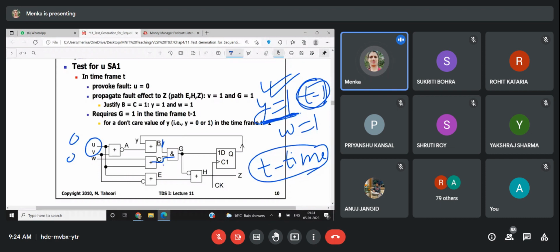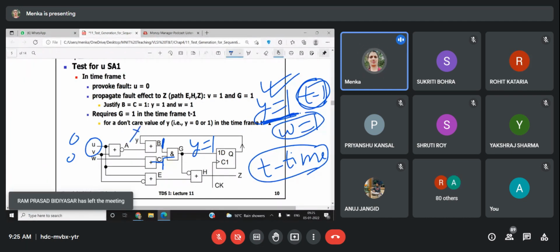So y is equal to 1 is expected. First of all, we need y is equal to 1. So y is equal to 1 means what you have to do here, y is expected to be 1. For 1 to come here, this is also expected to be 1 and this is also expected to be 1. It means w is equal to 1. That is one thing. And from here also, since this was don't care, you should get 1.